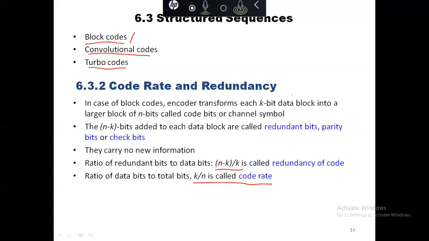Normally we represent the code with the coded bits n comma k. So this is the way of representing a code: we first write the number of coded bits and then the number of actual bits. So this is an (n, k) code.